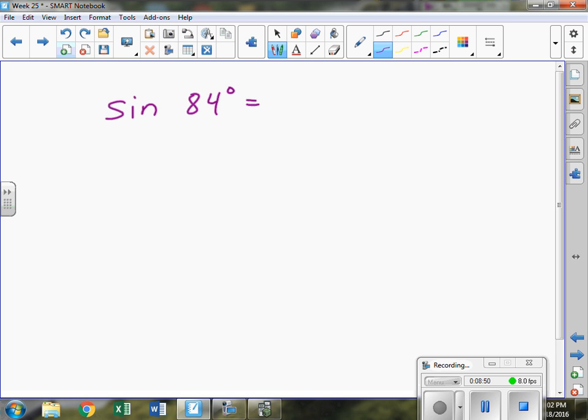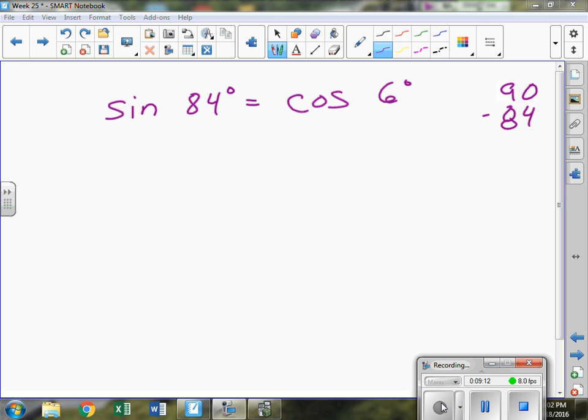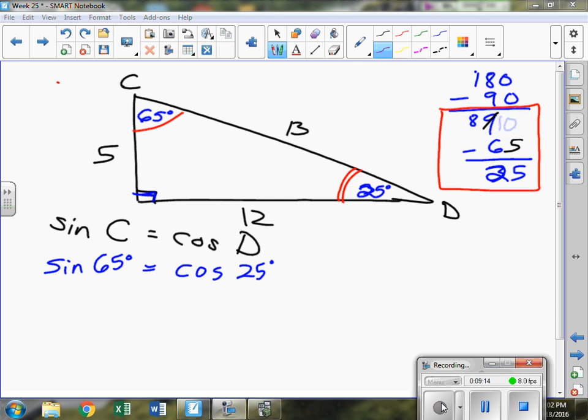What would it look like? Sine is turned into cosine. And if you've got 84 degrees, the other angle that gets you up to 90, it's 6. We're getting that just by taking and subtracting it off from 90.